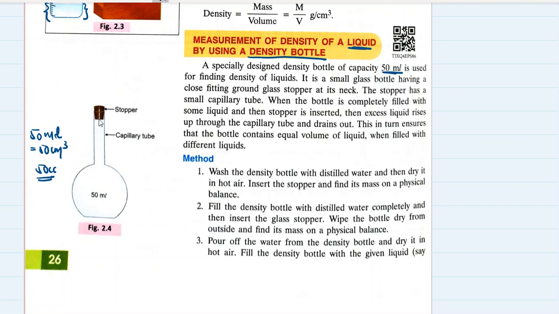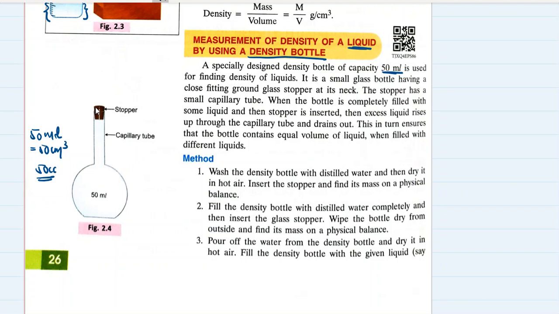You see there is a small fine gap in the stopper, and a hole at the top of the stopper, because if you fill the whole density bottle with some liquid and close the stopper, then all the excess liquid will flow out through that small capillary gap in the stopper.